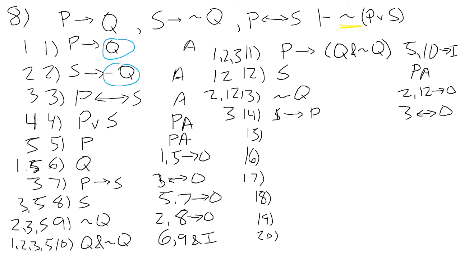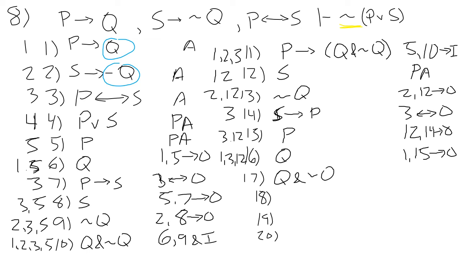Then we can toss our S into this to get P from 12 and 14, arrow out. So that's going to be from 3 and 12. Then we can get our Q from 1 and 15, arrow out. 1, 3, and 12. And now we can put our Q and not Q together from 13 and 16, ampersand in.